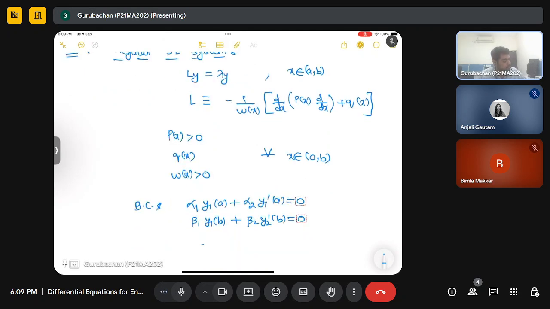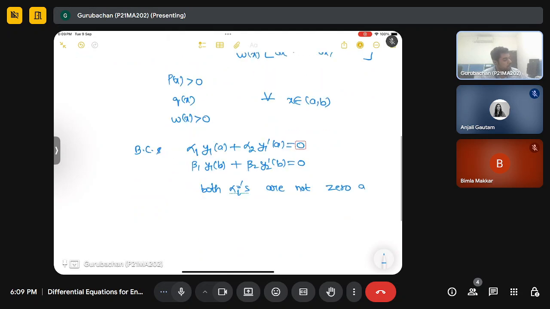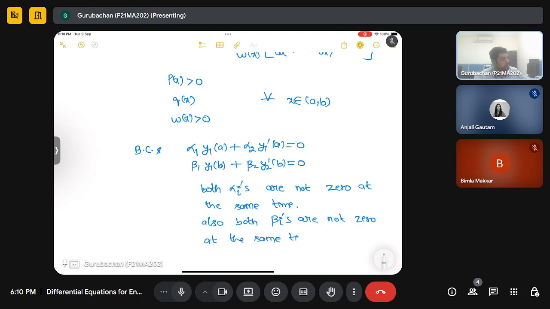Both alpha i's are not 0 at the same time, and both beta i's are not 0 at the same time.